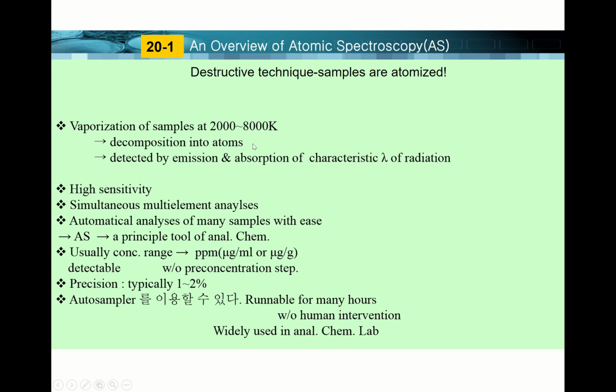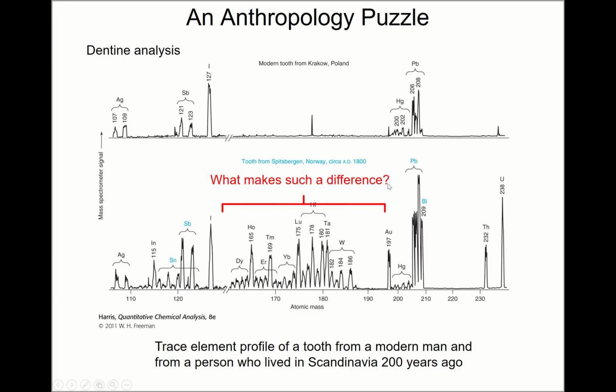At these high temperatures, samples are decomposed into atoms, maybe not completely, but most of them are atomized. These atomized samples are detected by emission and absorption of characteristic wavelengths of radiation. But here, the detection method was mass spectrometry, so the atomization part is connected to mass spectrometry.